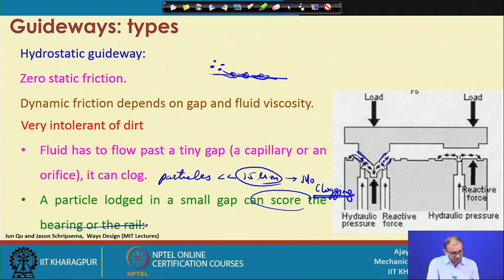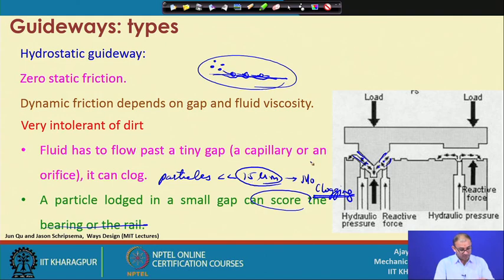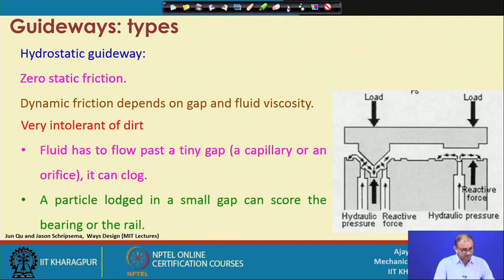Once the scoring of the rail is there, gap maintenance is very difficult, because now you have uneven surfaces, and whatever calculation you have done with respect to load and hydraulic pressure no longer applies, because your surface is now different from the earlier design surface. So this is the problem. Your filtering process should be very strictly monitored, otherwise it will create problems at that stage.